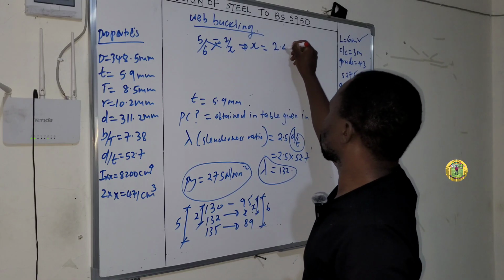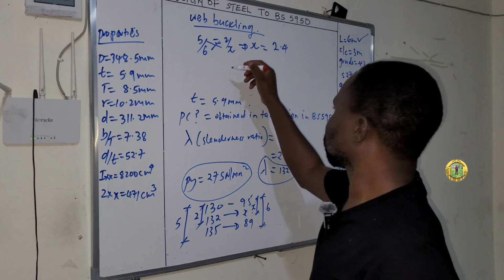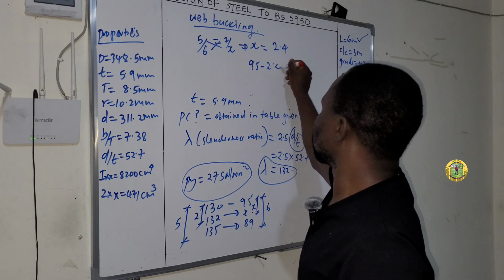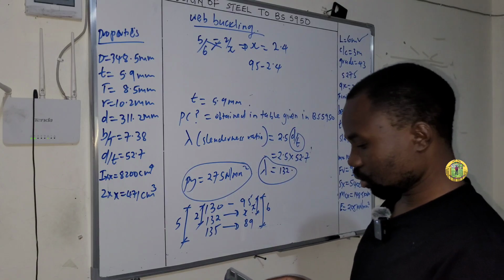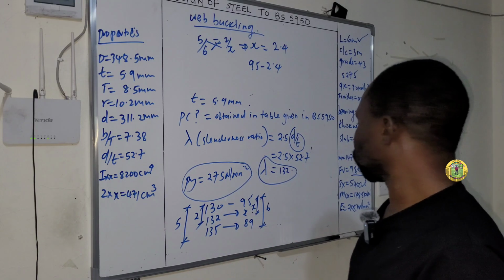So we will take 95 minus 2.4. 95 minus 2.4 is 92.6.